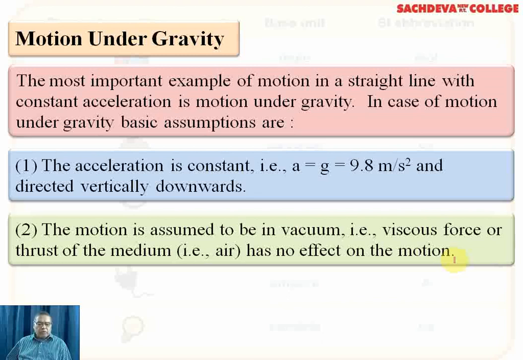But if the same two bodies are dropped in air medium, we will find that steel ball will touch the ground earlier as compared to cotton ball, because cotton ball has more air resistance, so it will come gradually towards the ground.